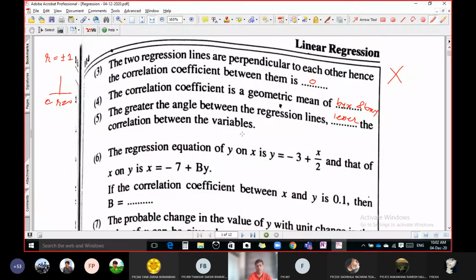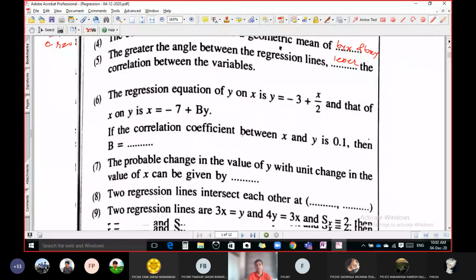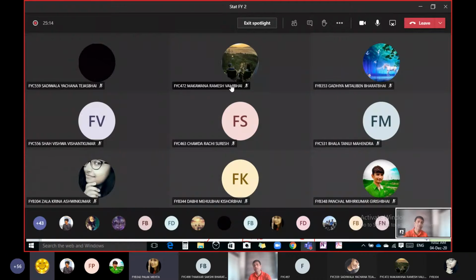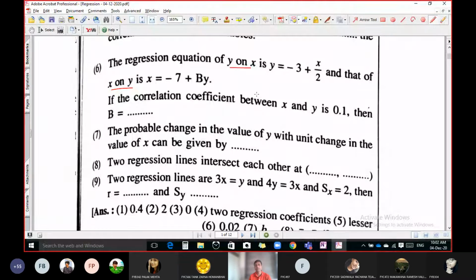Okay, next question. The regression equation of y on x is this, and that of x on y is this. And the correlation between x and y, that means R, equal to 0.1. Then find out the value of B. Any of you know this question? 0.02. Okay, can you tell me the procedure for that?